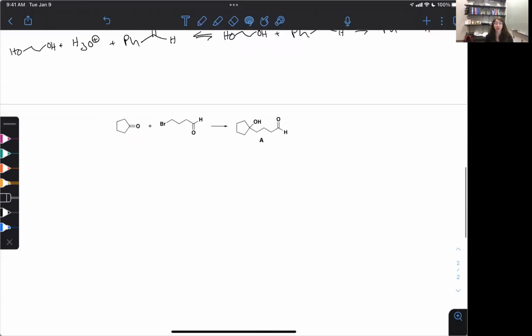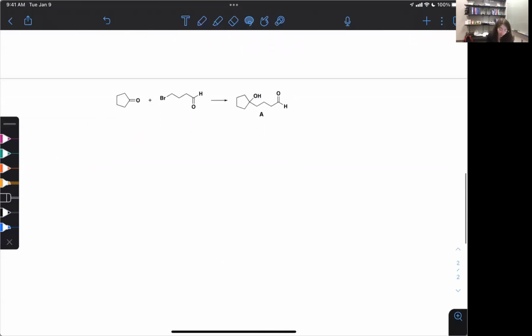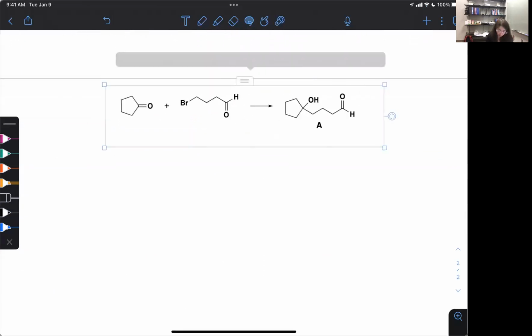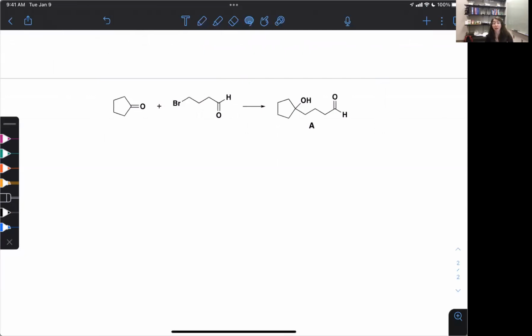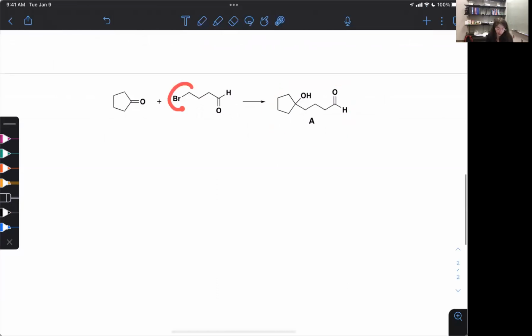So let's look at an example of when this might be helpful. I'm going to make this a little bit bigger. So this synthesis, if we're trying to make this particular compound, it's pretty clear that they're setting us up for some type of Grignard reaction between this bromine and that ketone, but we definitely have a problem when we have a bromine and an aldehyde or some sort of electrophile in the same molecule.